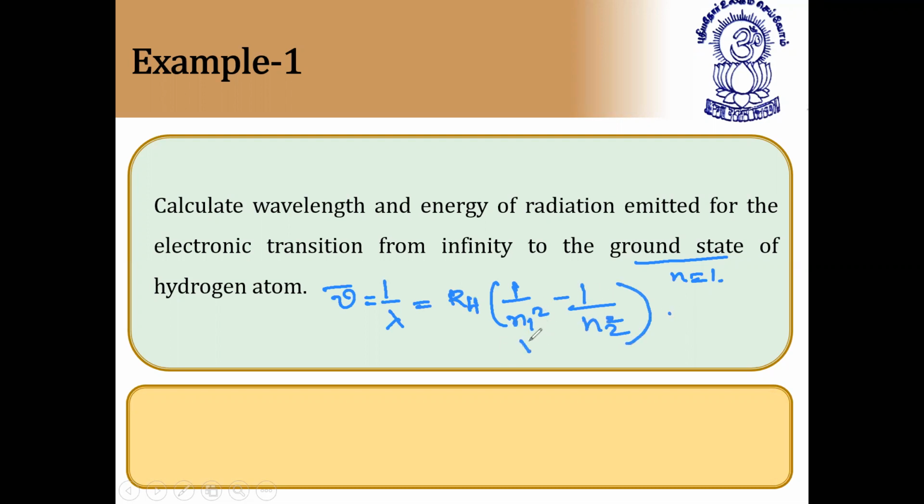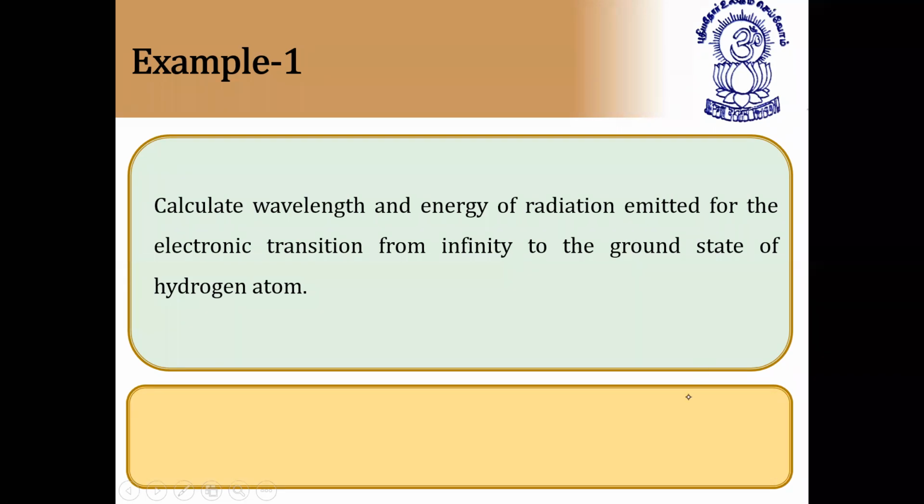The energy in the first orbit also we can find out directly, minus 13.6 by n square. So after that, you'll get the answer. So nu bar, you know how to find out. I hope this is clear for you. The answer is given here, 91.1 nanometers. That is the wavelength of radiation emitted for the electron transition from infinity to the ground state of hydrogen atom.